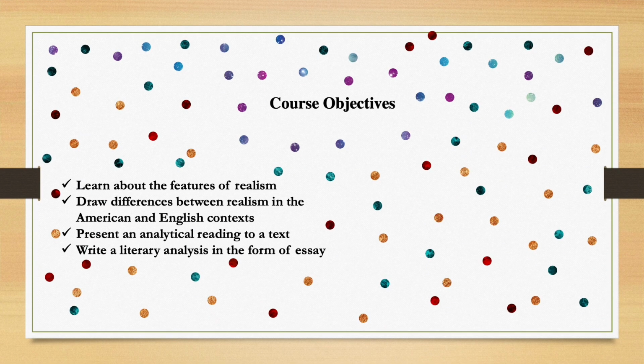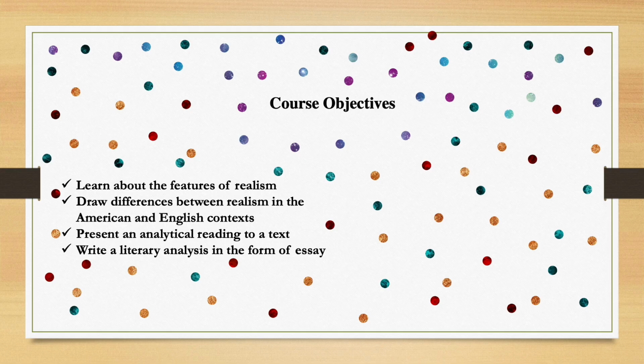The objectives of this course are to learn about realism, its stylistic and thematic features, understand the differences between realism in these two different contexts, and present an analytical reading of Charles Dickens' Hard Times, which will be our text for this course.